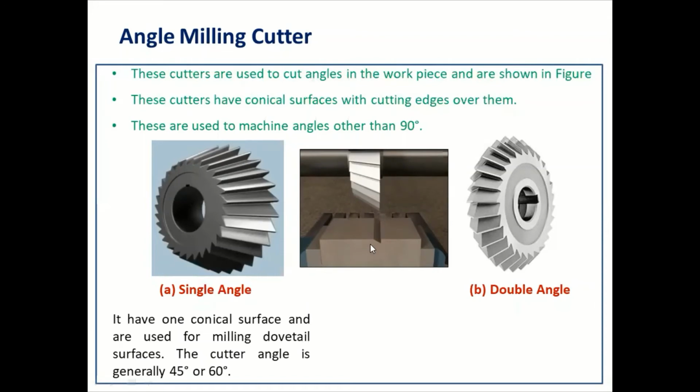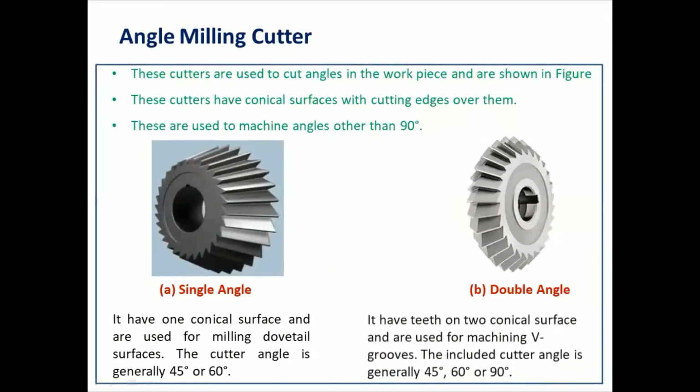With the help of that, we are making a slot there. This is actually a dovetail slot. Such a type of slot is possible especially with the single angle milling cutter. You can see the cutter angle is generally 45 or 60 degrees in this case, meaning this angle may be 60 or 45.